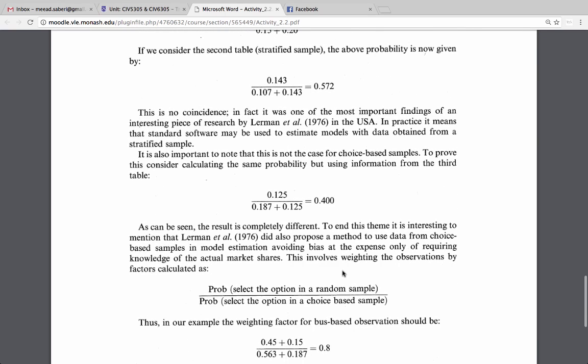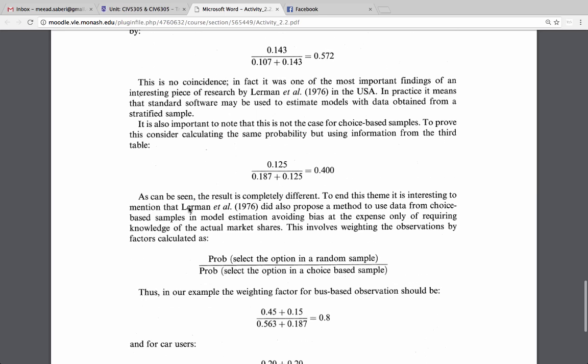In fact, when you want to estimate a mode choice model, it is very important to take this into account, that if you have a stratified sample, you automatically, as a property of stratified sampling, get similar properties. But if you use a choice-based sample, you get different probabilities, which might be problematic.